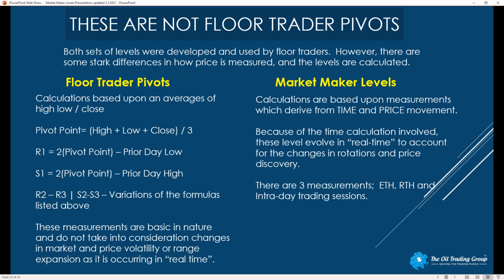And then the resistance above, the R1, R2, and R3, and the support below, the S1, S2, and S3, are a variable off of that number, right? Now, these measurements are basic in nature and do not take into consideration changes in market and price volatility or range expansion as it's occurring in real time. So what I mean by that is once you get past the R3 level on the day, there are no more support resistance levels to deal with.